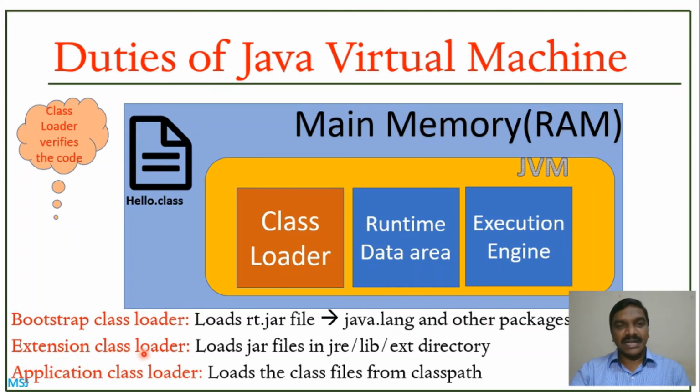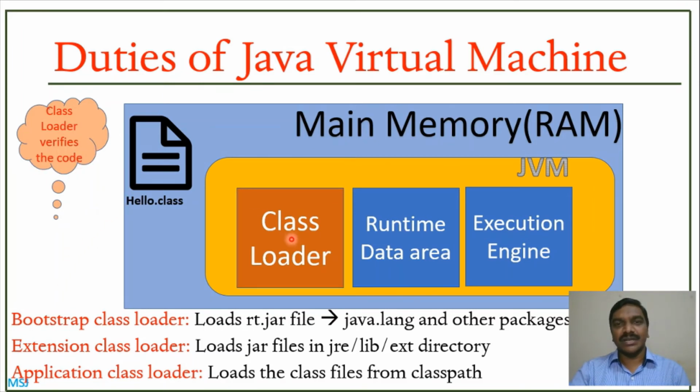Then the extension class loader loads some other jar files from the JRE lib ext folder. You can see it in the Java installation. And finally, this application class loader loads our .class files. At the same time, this class loader also verifies the code.